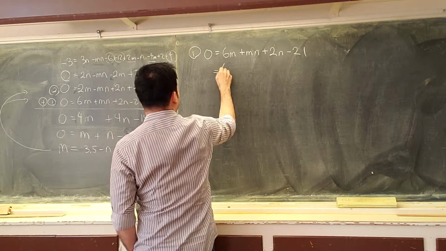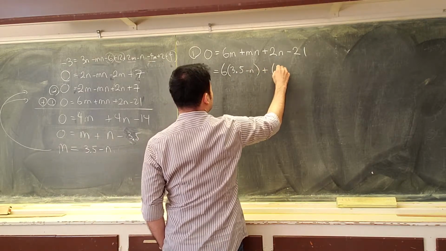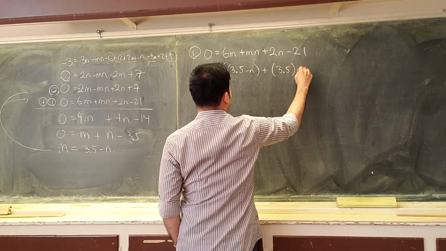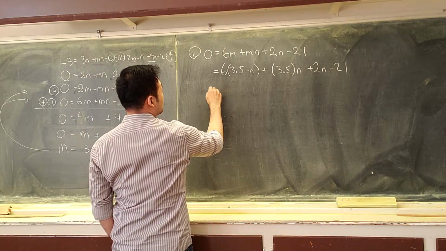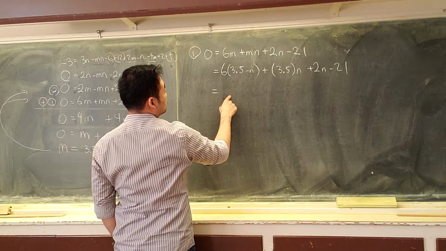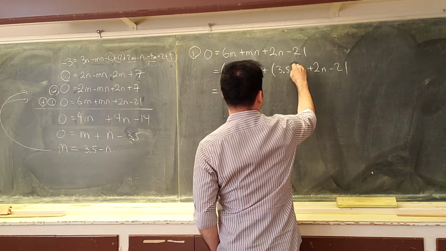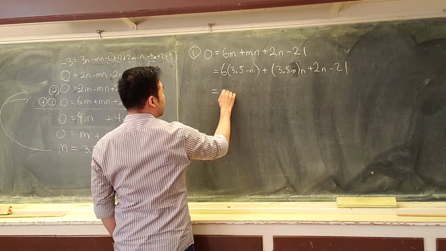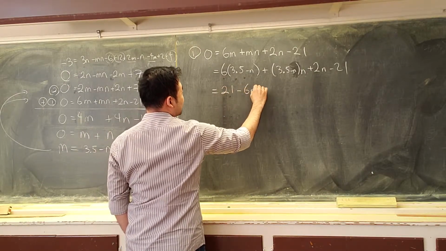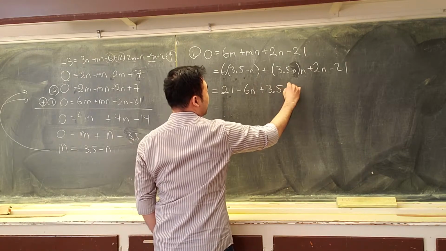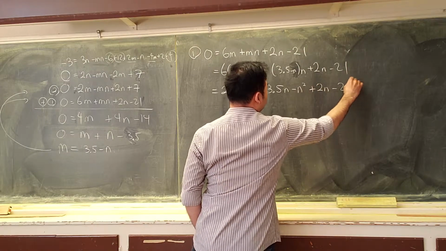And every time I have an m, you're going to have to ask me to have 18, 21 minus 6n plus 3.5n minus n squared plus 2n minus 21.